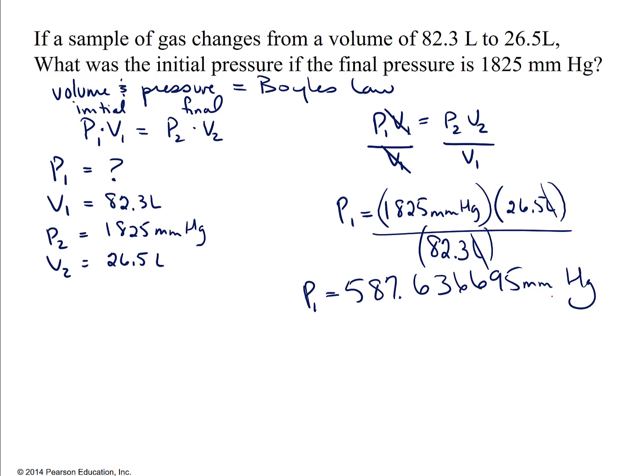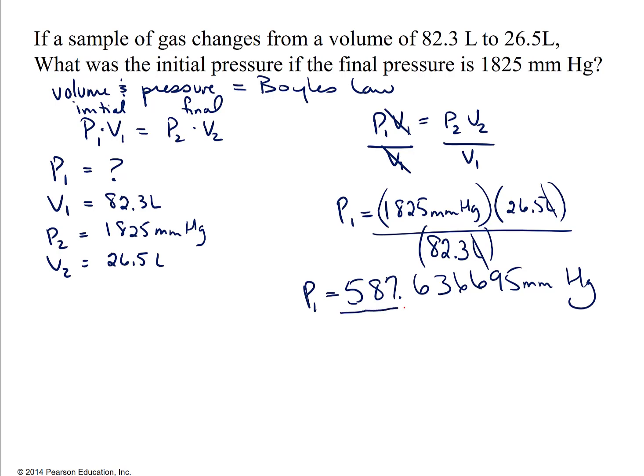No. How many significant figures do I want? Look at the problem. Okay, so the 82.3 has 3 significant figures. 26.5, 3 significant figures. 1825 is 4, but remember with multiplication and division, you always take the smallest number of significant figures in the problem. So I need to round this to 3.